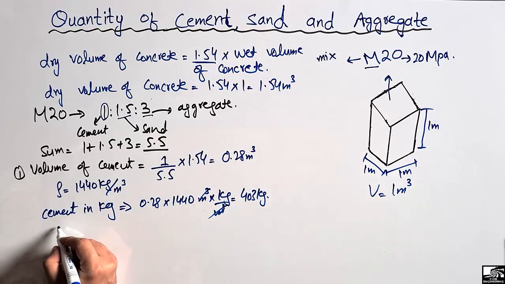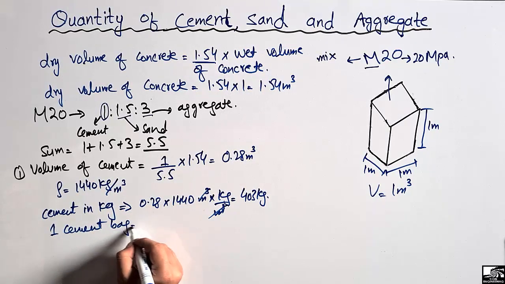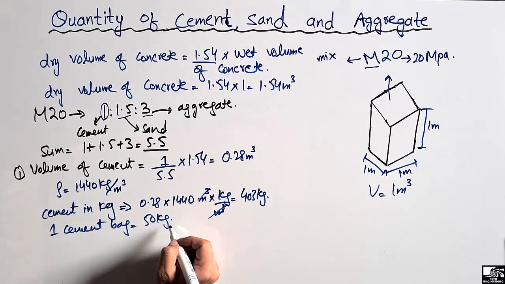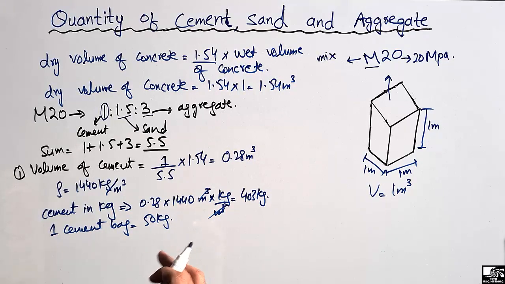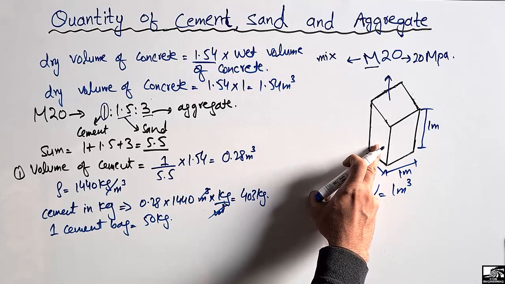Now we also know that one cement bag is 50 kilogram of the cement. So how many bags are used in this 1 cubic meter concrete?